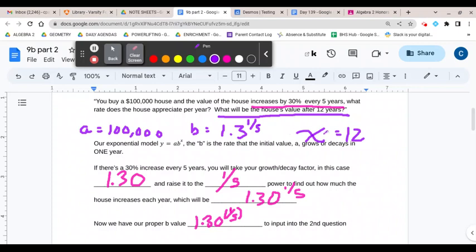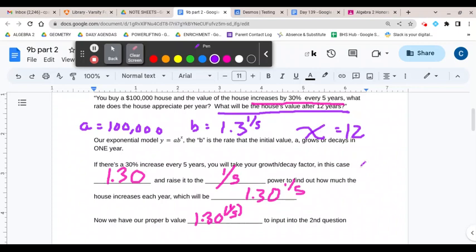Okay, so 100,000 is our A, 1.3 to the 1/5 power is our B value, and our X value is 12. So we're going to have y equals 100,000 times 1.3 raised to the 1/5 power, and we're also going to raise that to the 12th power.